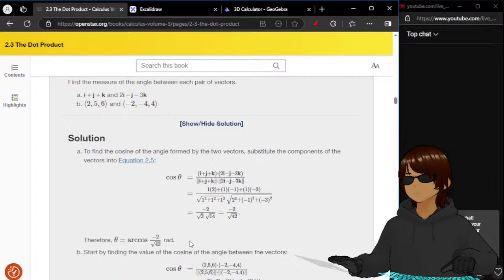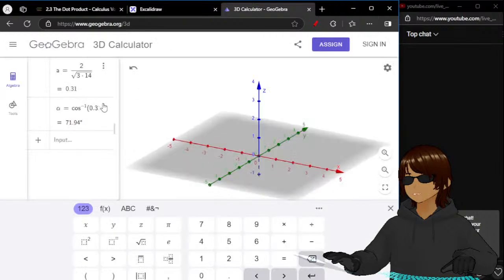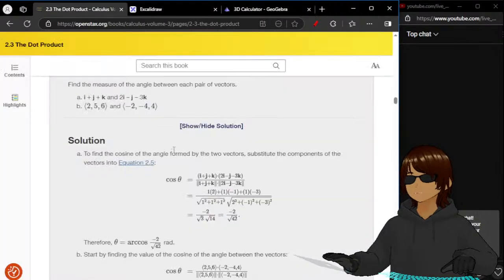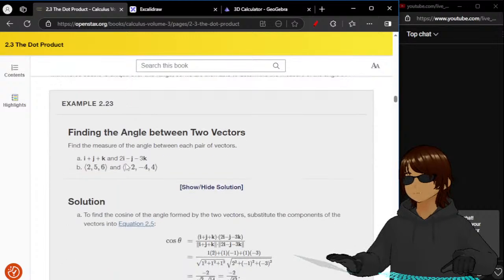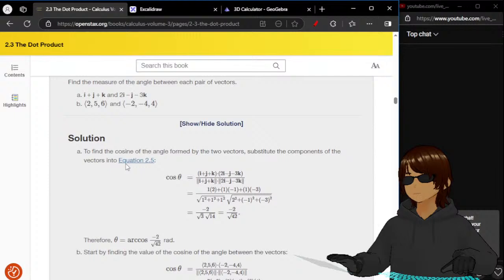Let's just do the first one. Hold on. I mean, they got this.